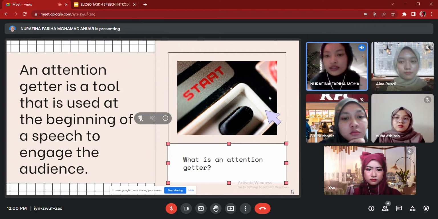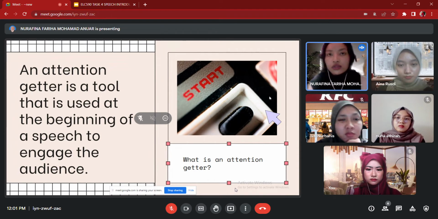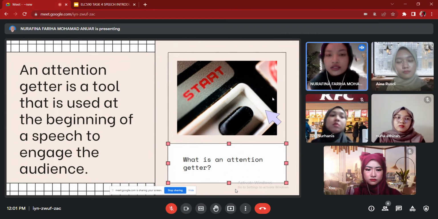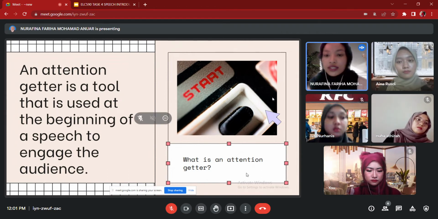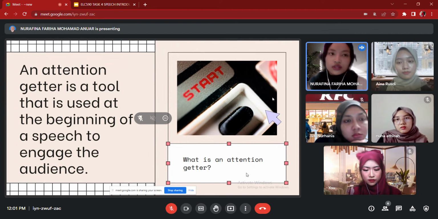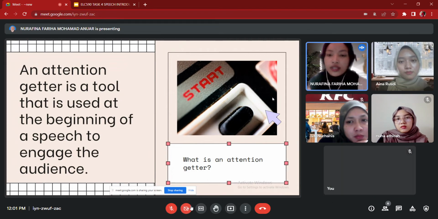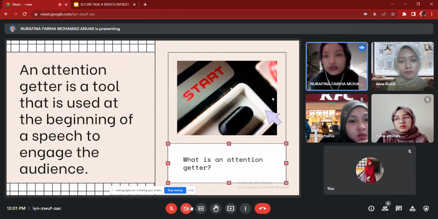When you select an attention getter, make sure that your choice is relevant to your audience because various audiences have varied backgrounds and understanding. So you should do an analysis to determine whether the information you're going to utilize is appropriate for them.